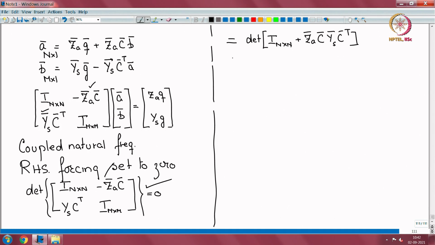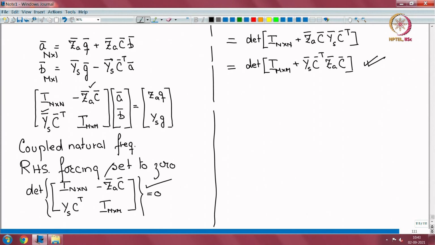It's an interesting result. Also equal to the determinant of I m cross m plus Y S C transpose Z A C. Okay, it's interesting. So now that has to be set to 0 obviously, and we will take the latter form and deal with it.